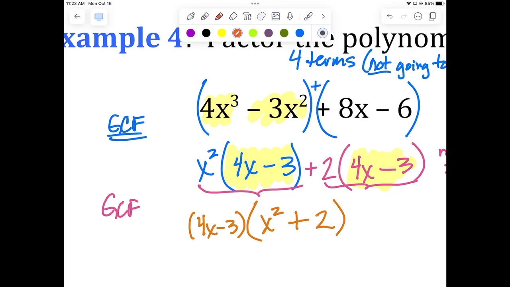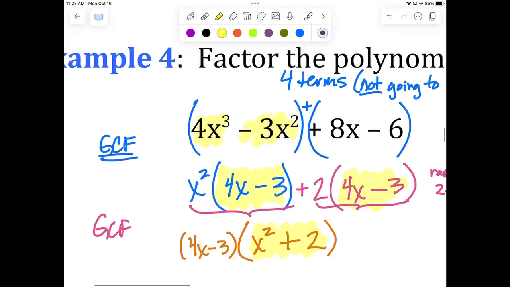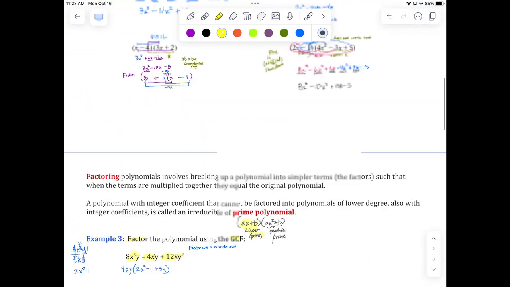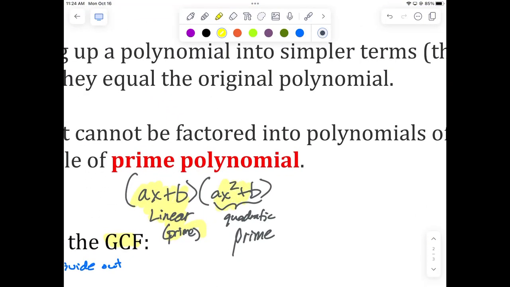Now, I do look at this middle part here. It's not a linear factor. It's an x squared factor. Sometimes x squared factors can go further. But guess what? This one, as I mentioned up here, is a quadratic prime because it is a plus sign. If you ever see x squared plus something, it doesn't factor. X squared minus something does.